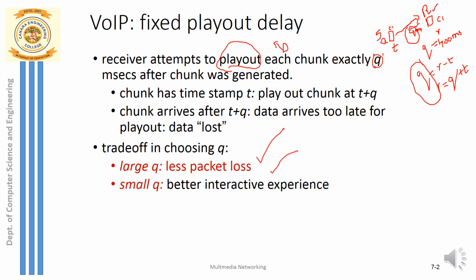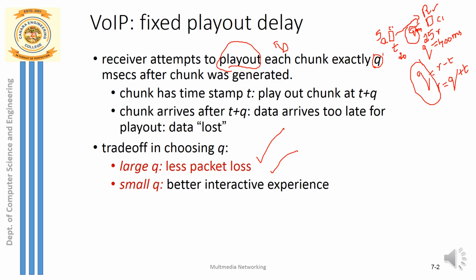If the time T is, for example, 20 milliseconds, the sender sends the chunk, and the time taken by this packet to reach the receiver, let me take that Q as another 25 milliseconds to travel all the way in the network and reach the receiver end.